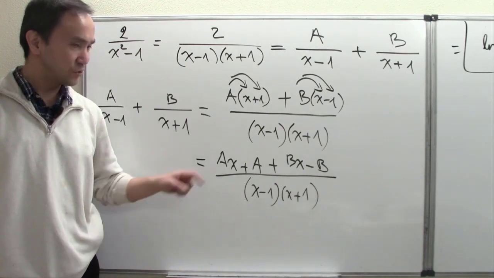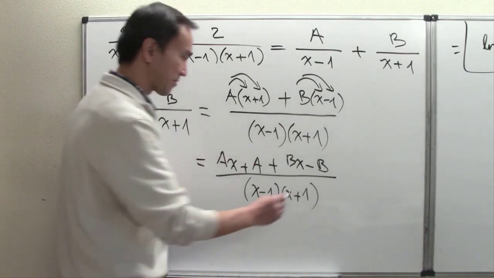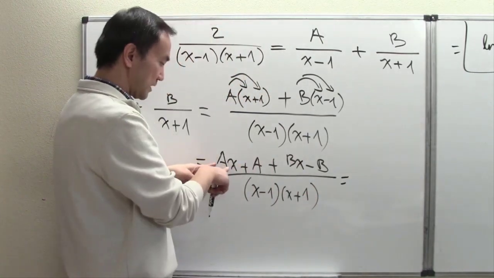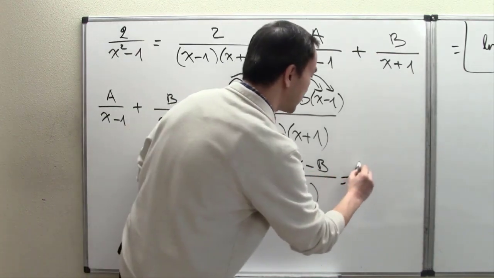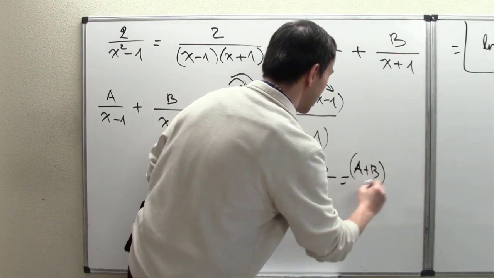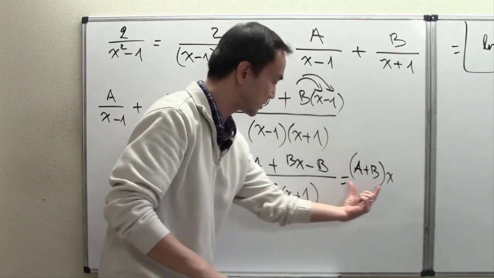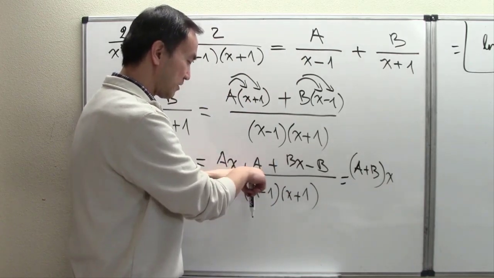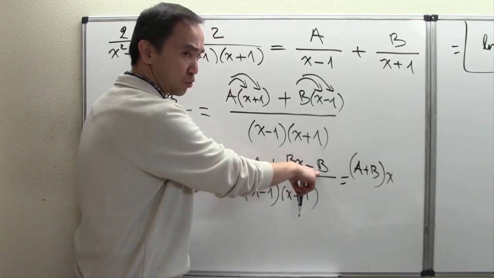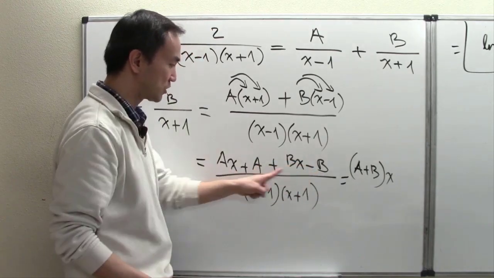Now I'm going to regroup. These are common factors: there's the a times x and there's a b times x. I'm going to regroup them as a plus b times x. That's the combined x term, combining like terms. And then there's a minus b, which I'm combining as one term with those non-x terms.